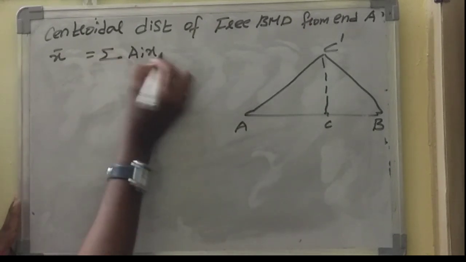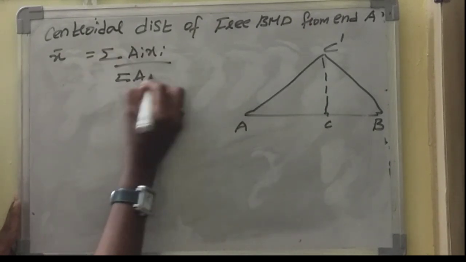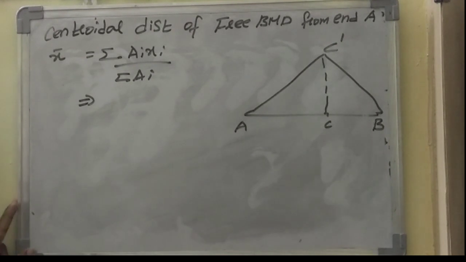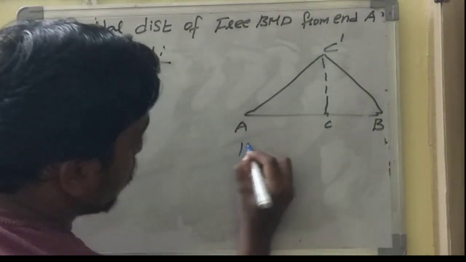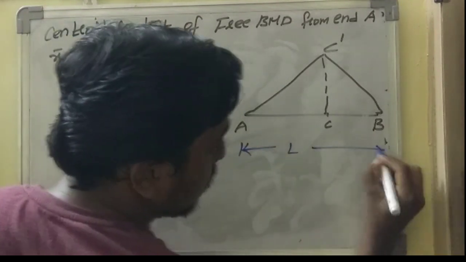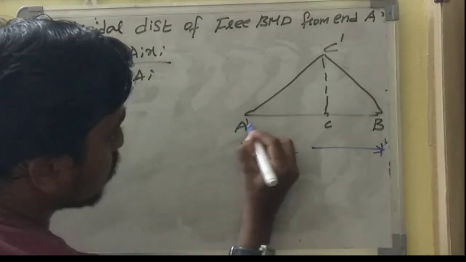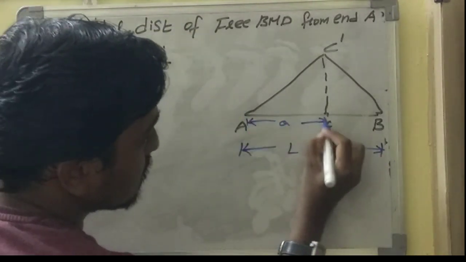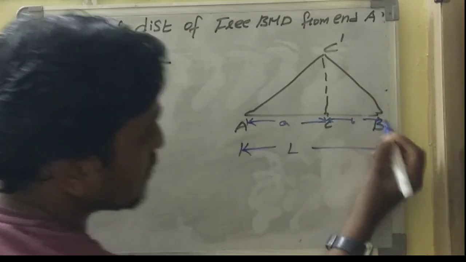Sigma AiXi by total sigma area. See here, this total distance will be some L, and up to here it will be some A, and here it will be some B.